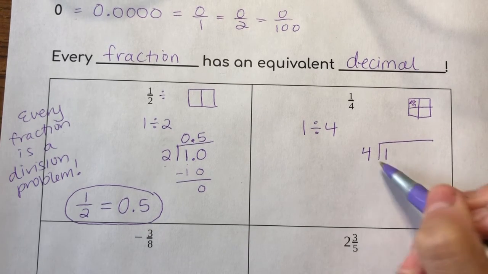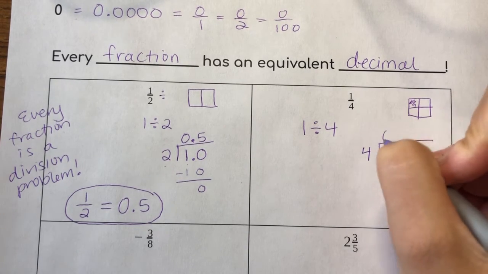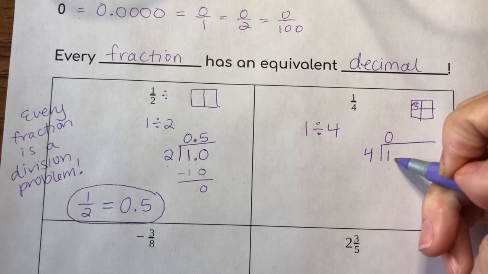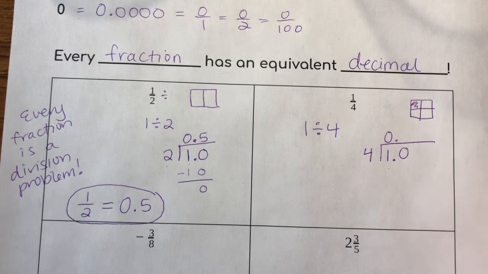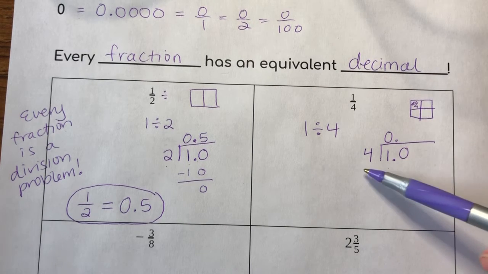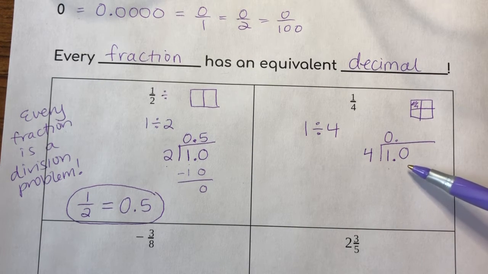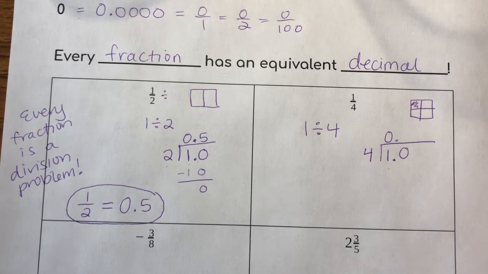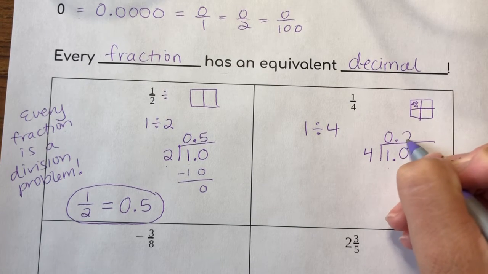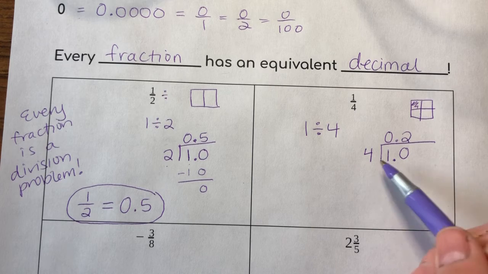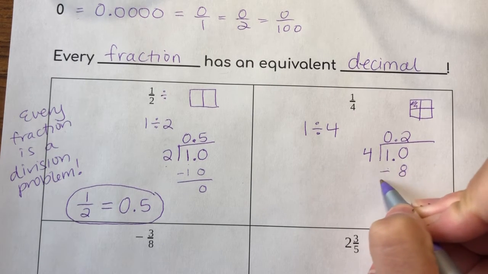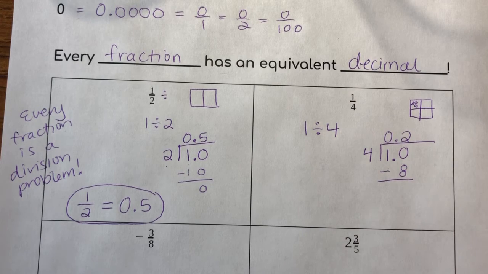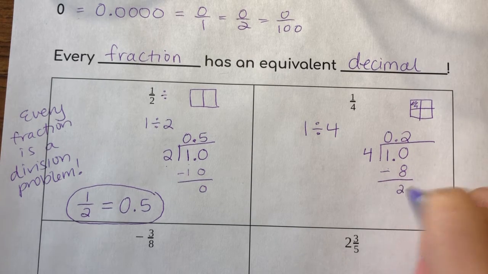I ask myself, 4 goes into 1 0 times, so I put my 0 above, and then I know I'm going to have to go into my decimals. I add a 0, and I ask myself again, now, 4 goes into 10 how many times? Okay, I know that one. 4 goes into 10 twice. Write that number above, and I do the fact. 4 times 2 is 8, and I subtract it, and 10 minus 8 is 2.